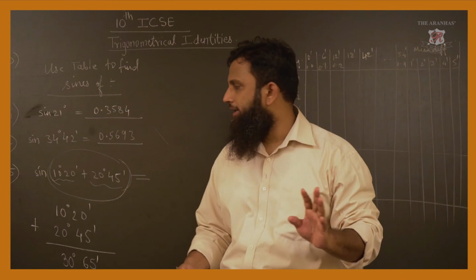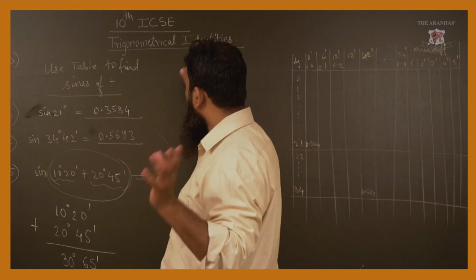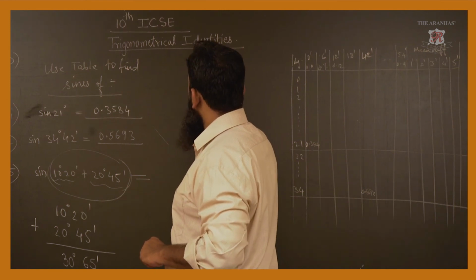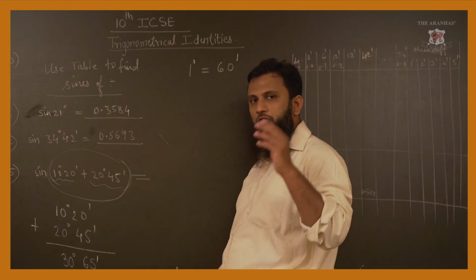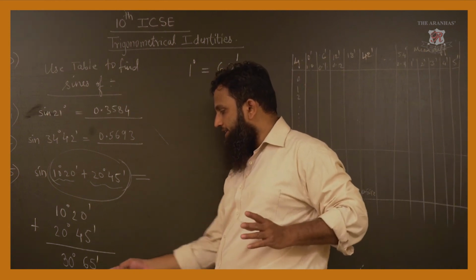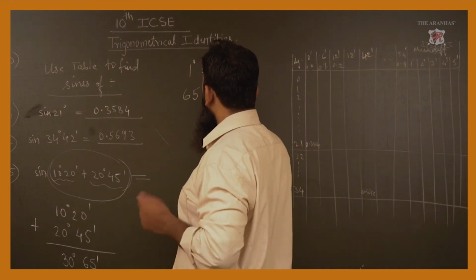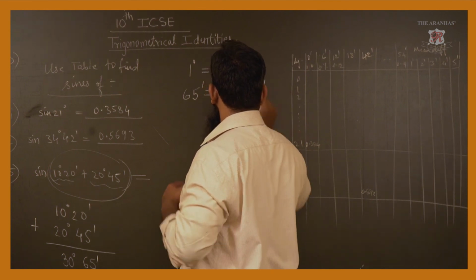No, don't do it like that. There is one option available. In the beginning of this exercise, I told you 1 degree corresponds to 60 minutes. So what I am going to do is split 65 minutes like 60 minutes plus 5 minutes.